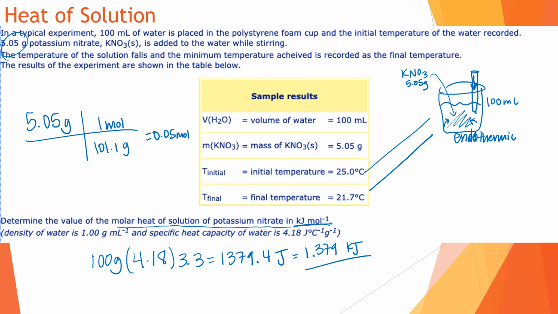So I divide this by 0.05 moles, and I get 27.9 kilojoules per mole. What that tells me is that anytime I dissolve potassium nitrate in water, it's going to absorb 27.9 kilojoules per mole. This is positive because it is endothermic.